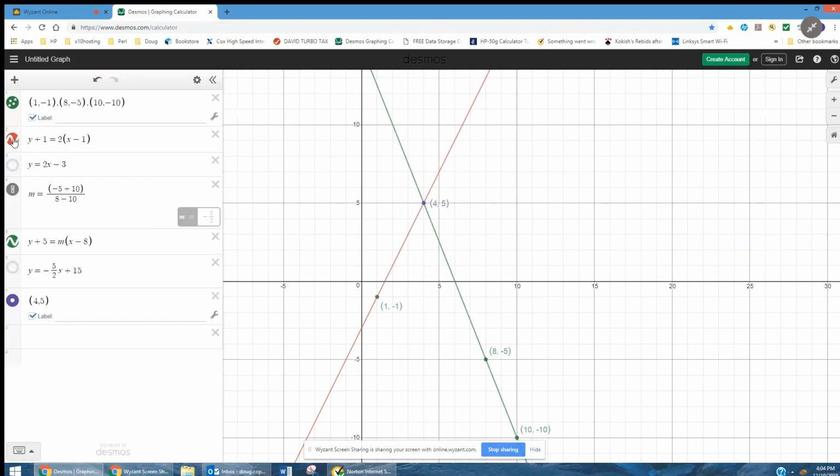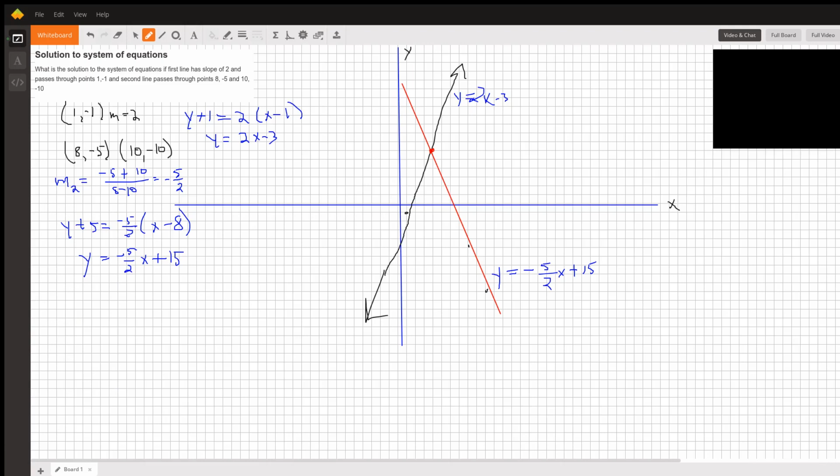That's this equation right here, which could also be written as y equals 2x minus 3. And I calculated the slope of the second line, change in y over change in x, and got -5/2. And that's this equation right here, which could also be written this way. And it looks like they intersect at (4, 5).